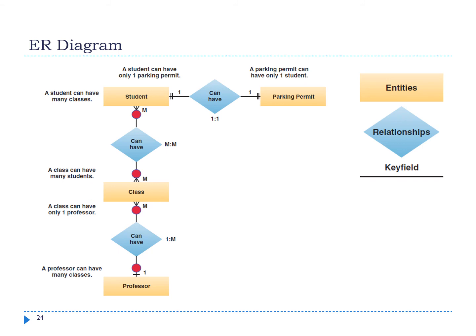The relationship between class and student is many-to-many, because a class can have many students and a student can have many classes. The relationship between student and parking permit is one-to-one, because a student can have only one parking permit and a parking permit can have only one student.